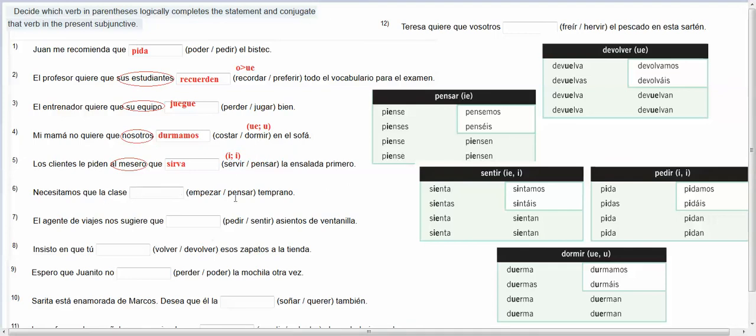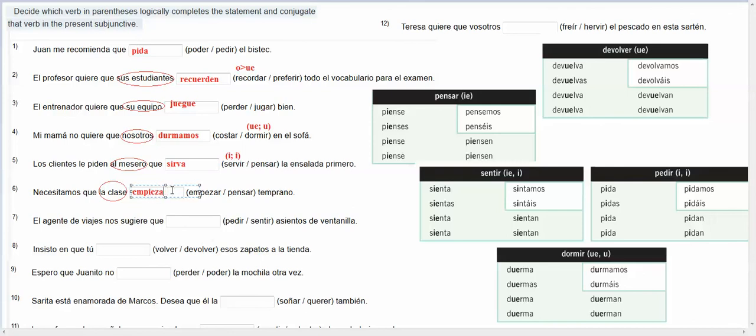Necesitamos que la clase empezar pensar temprano, probably start early. So I'm going to put empezar. Okay, good news, it's an AR verb. So it's an E to IE stem changer, and that change is going to happen for everywhere but nosotros and vosotros. In this case, since it's the class that starts early, the change is going to happen.